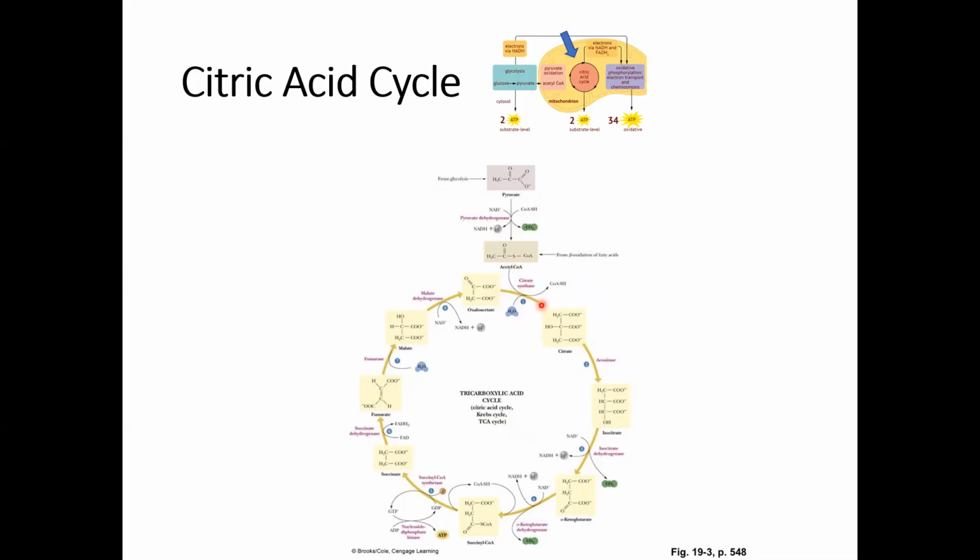So it's very important to point out that these reactions require NAD to occur. And in order to make NAD, you need oxygen. So oxygen is required for all these reactions that I'm talking about that include NAD or FAD.